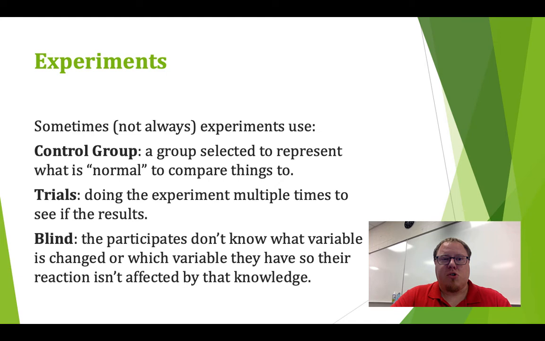You give one group the medication to see if it works, but you need a control group to compare it to, to see what it looks like without the medication, so that we can be sure it was the medication that caused them to get better, if they get better, okay? And not some other thing that might have happened.